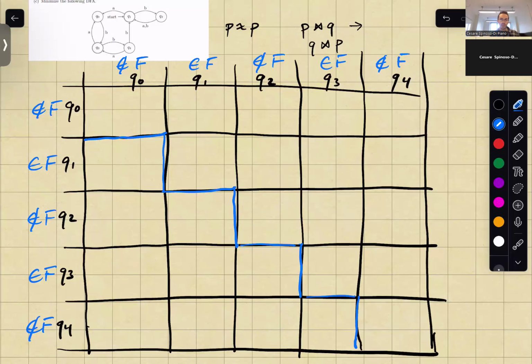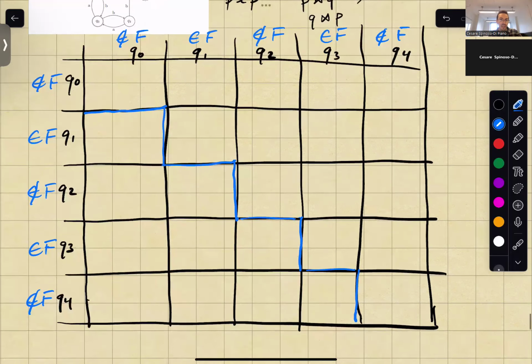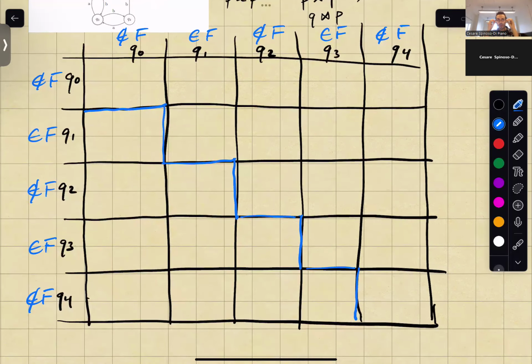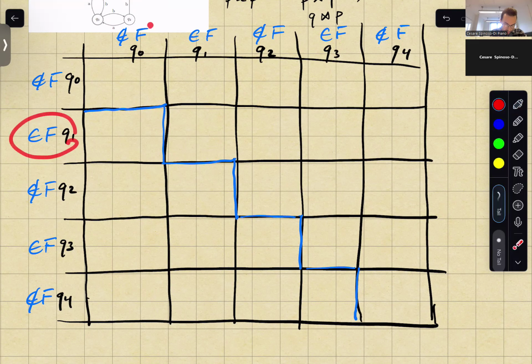Now you might be asking yourself, why did I bother to do this? Well, because now I can very quickly check the initial condition, which is that P and Q are distinguishable in the base case if P is in an accept state and Q is not, or vice versa, right? So, I see that Q1 is an accept state and Q0 is not.